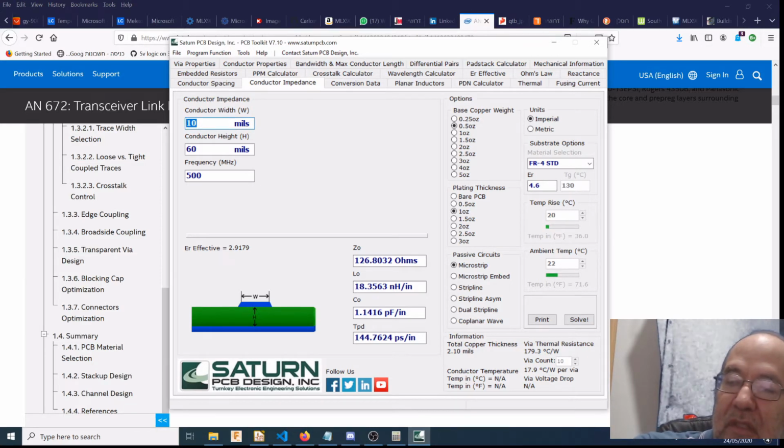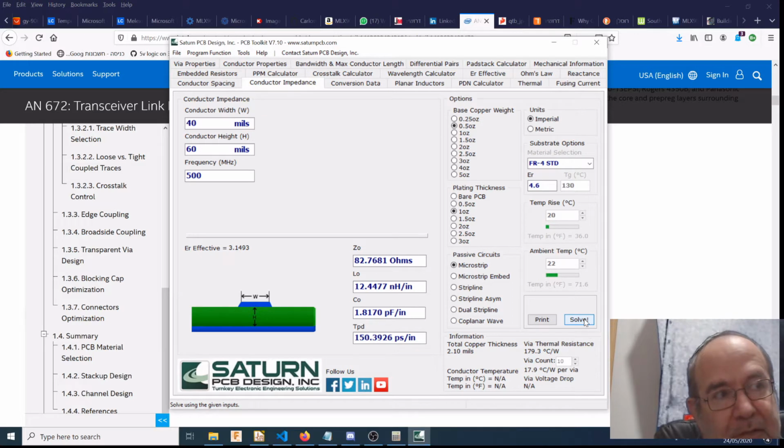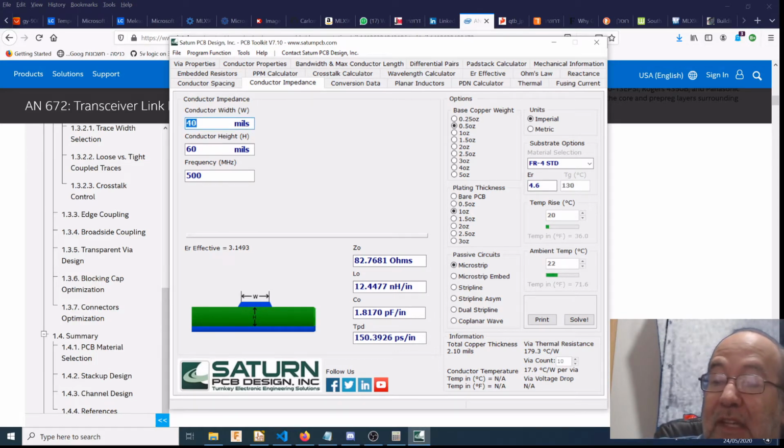Shall we say we're going to a 40 mil trace? A 40 mil trace is a 1 millimeter trace. Shall we say I'm going to an 80 mil, I'm purposely jumping with big numbers.